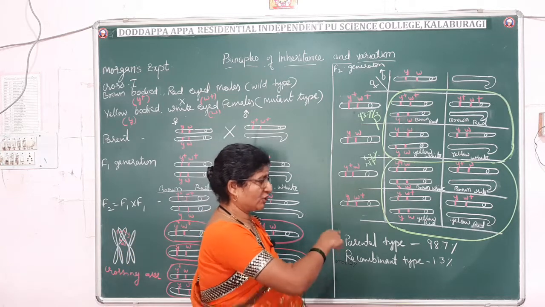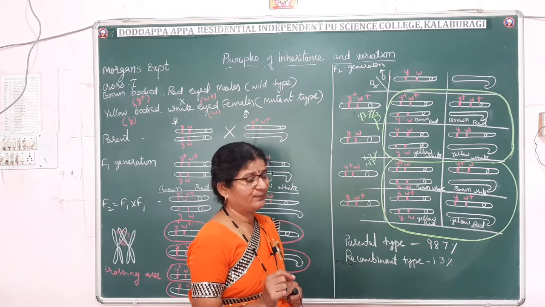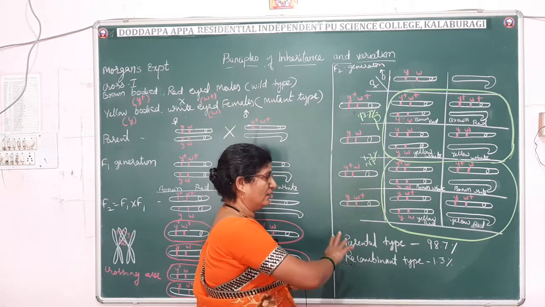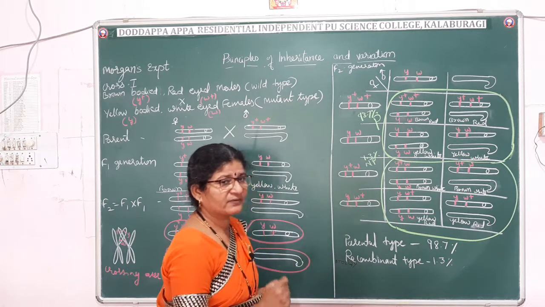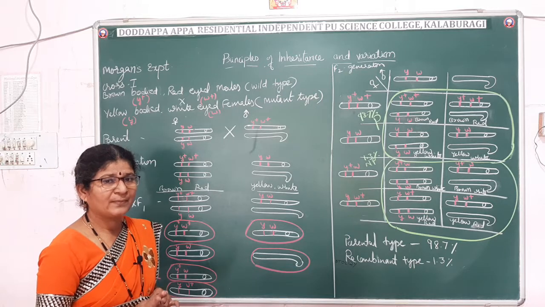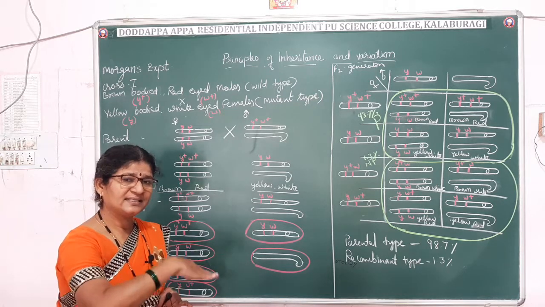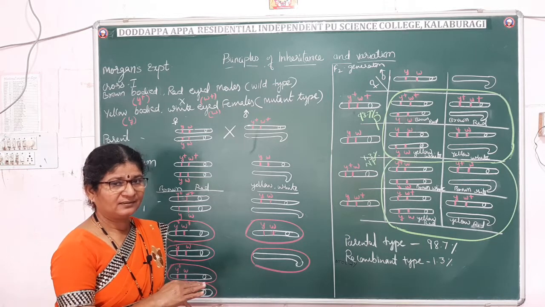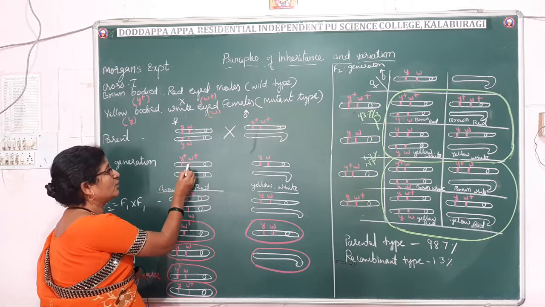So it shows the deviation from the normal Mendel's ratio. So here what we can understand by this, that is the genes which will control the body color and eye color did not separate independently of each other as it did in the Mendel's experiment. Fine. It is because the genes are present very close together.